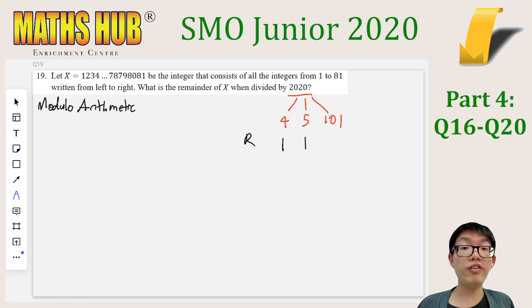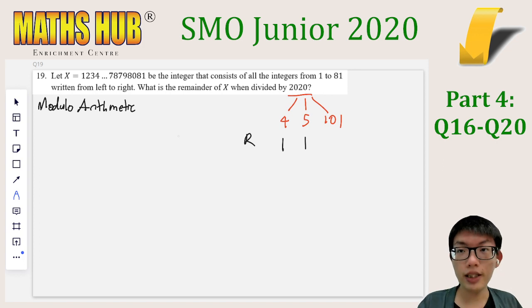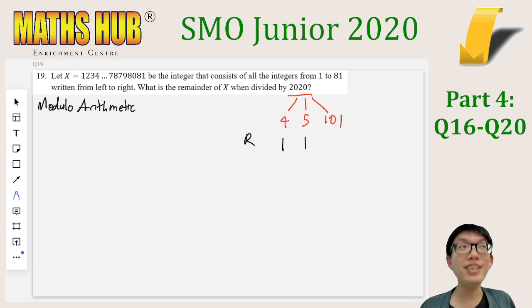And what modulo arithmetic allows us to do, roughly speaking, is that if we are doing modulo 10, you can just focus on the last digit. If we are doing modulo 101, we can add or subtract multiples of 101 freely in any part of our calculation. And let me show you how that applies in this example. And then you can look back at the easier divisibility test for 11 and see whether you can figure out why it works.